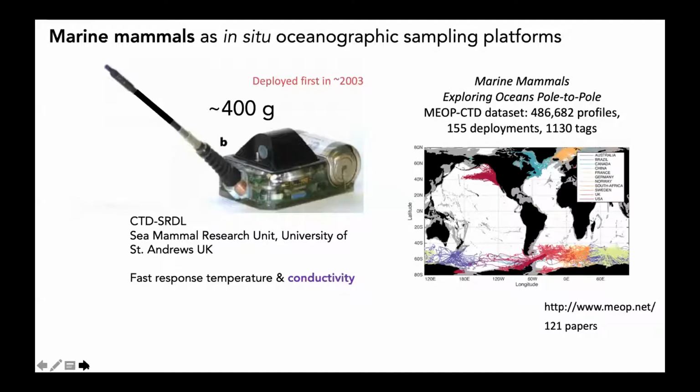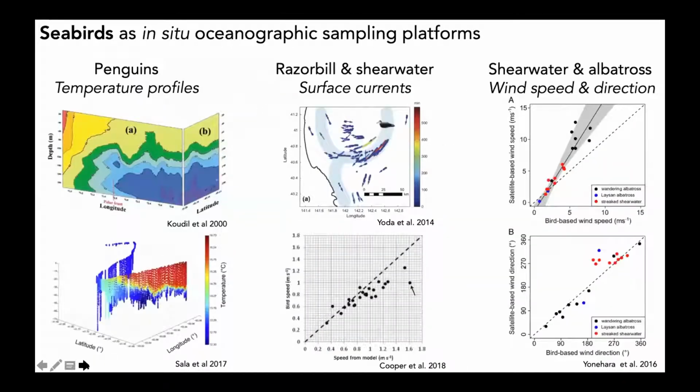So we really need some miniaturization of this type of tag in order to measure things like water column temperature and especially conductivity, salinity. There has been some work using biologging devices deployed on seabirds to measure oceanographic variables.